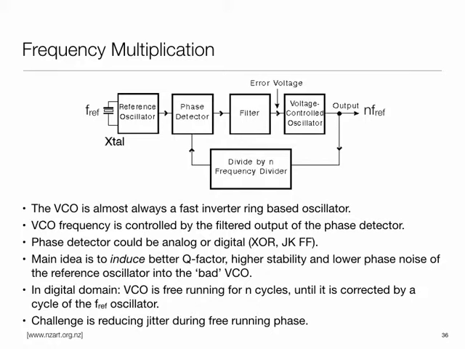The PLLs could be analog, where this stuff is implemented in analog, or they could be digital, in which case it's all done digitally. So the upshot of all of this is that PLLs provide a way for us to generate clock signals of the right frequency.